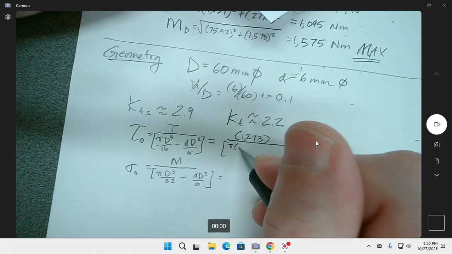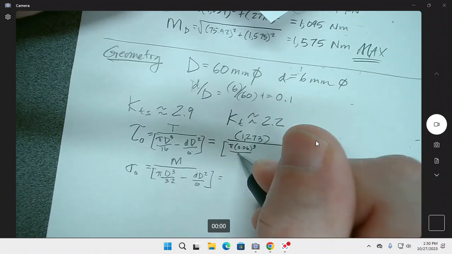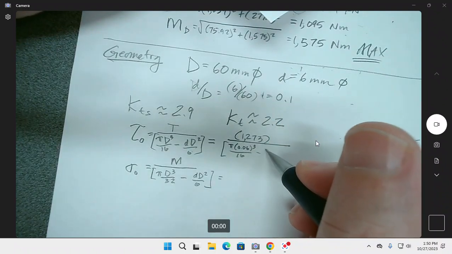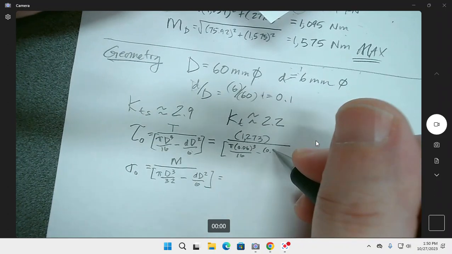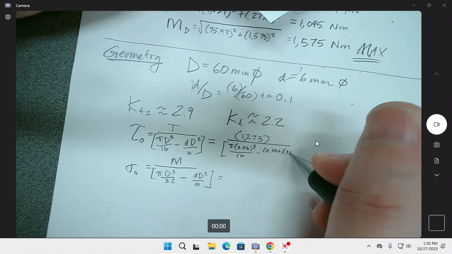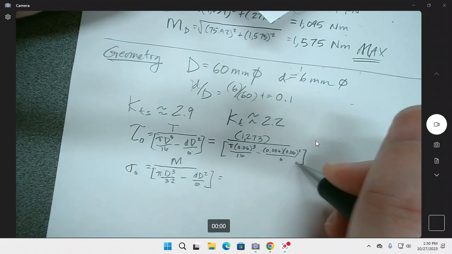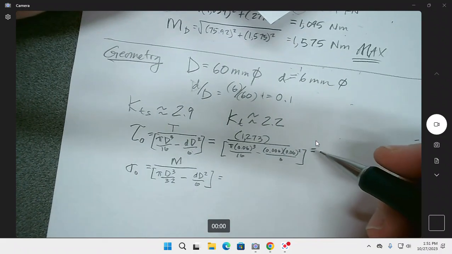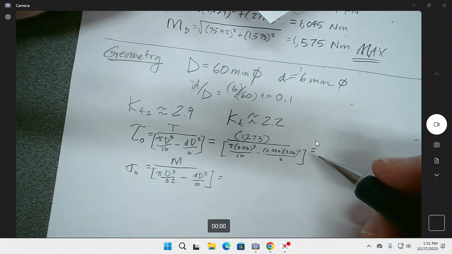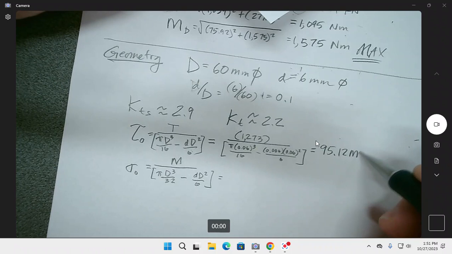Pi 0.06 cubed over 16 minus 0.006 times 0.06 squared over 6. And if you do that, and I did it correctly, you would get 95.12 megapascals.